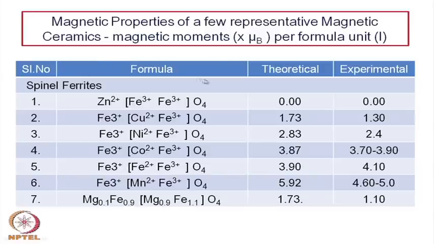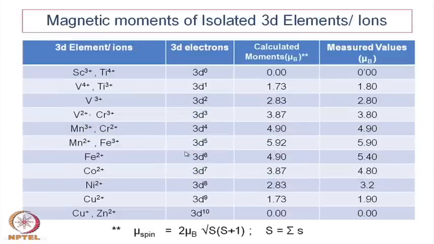You can see from Hund's rule, the different cations have different numbers of unpaired 3d electrons, and accordingly, according to Hund's rule, the number of unpaired electrons gives rise to the magnetic moment. So, one has to find out what will be the unpaired electrons here.